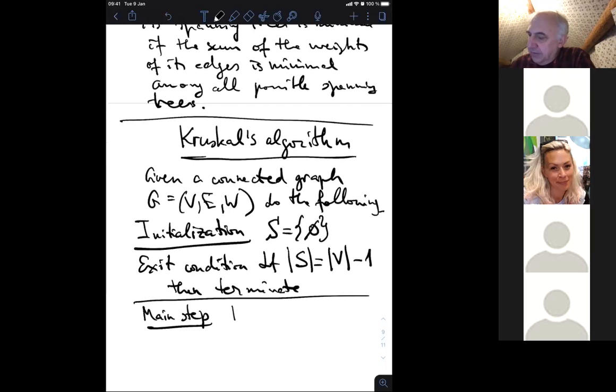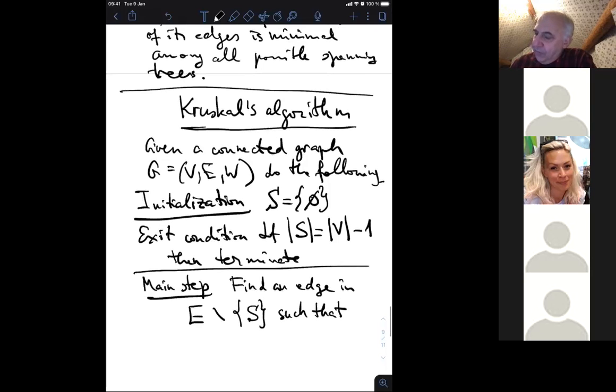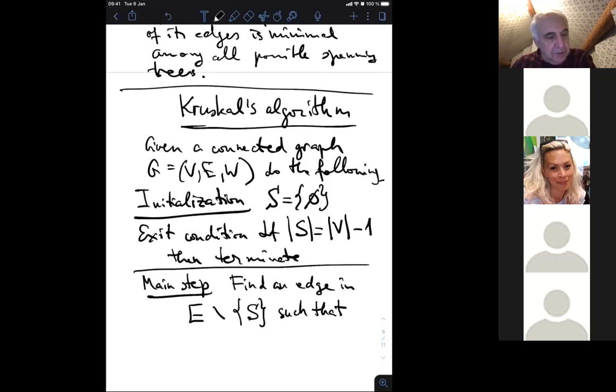Find an edge E in the set of edges minus our set of chosen edges such that two conditions are satisfied.